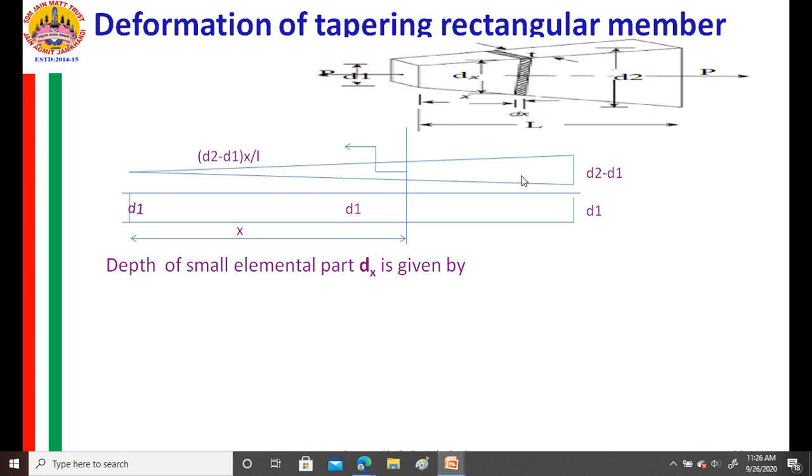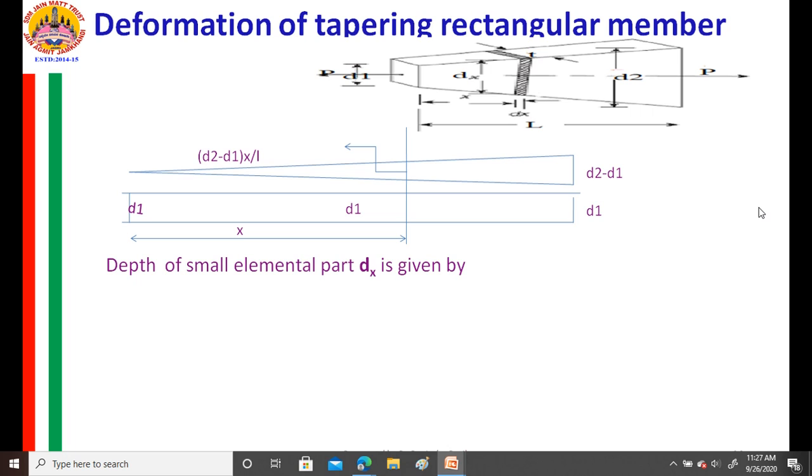For a total length of L, change is d2 minus d1. But I want it for a length equal to x. What is it? d2 minus d1 divided by L into x. Therefore, total depth here is equal to d1 plus d2 minus d1 divided by L into x.